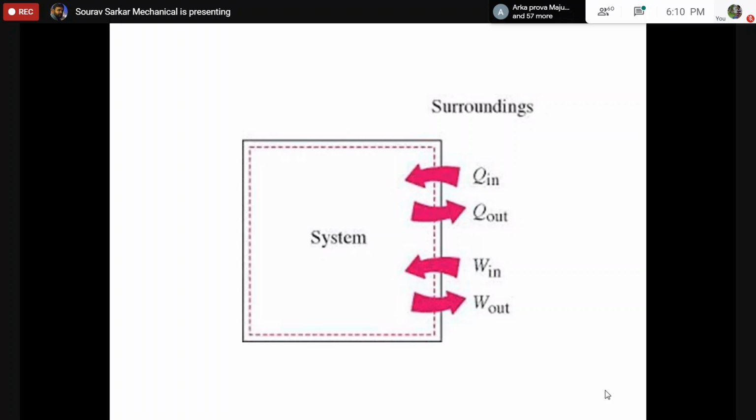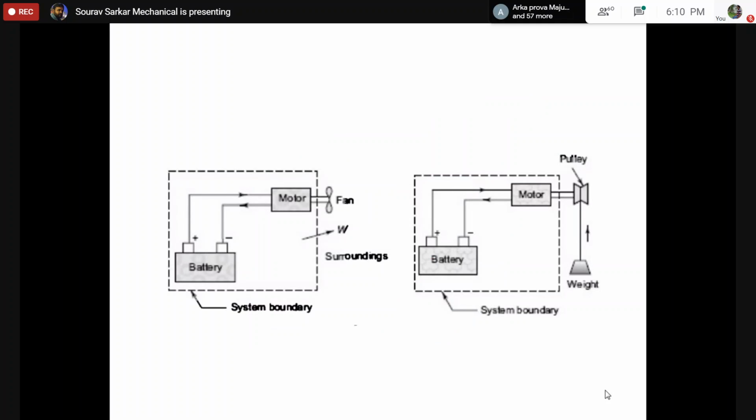So what is work? I told you there are two types of interaction, heat and work. Work is already known to us from our mechanics background: if I apply some force on a body, and the body starts to move in the direction of the force, we can say work is done.